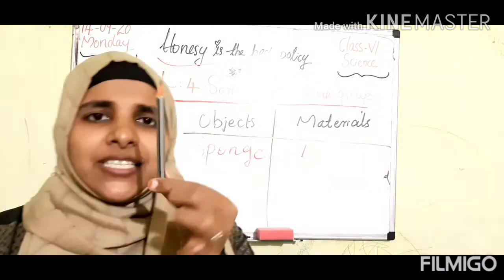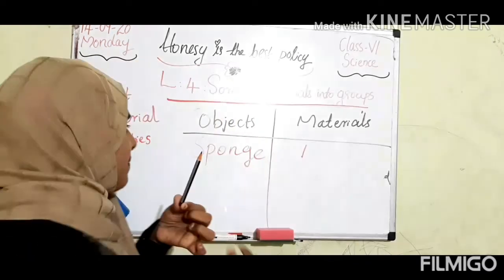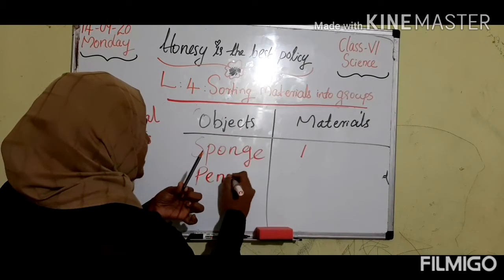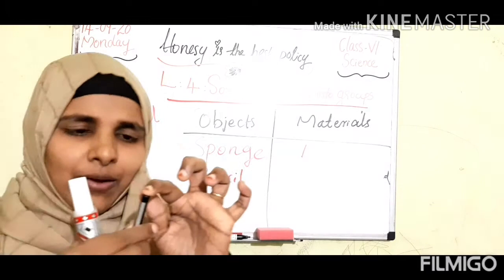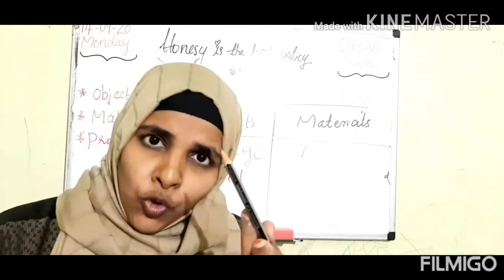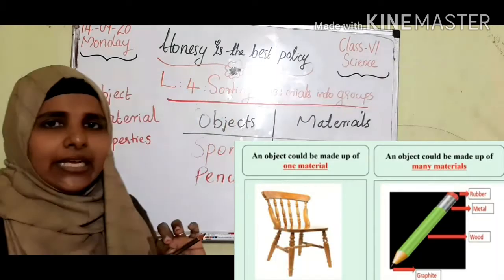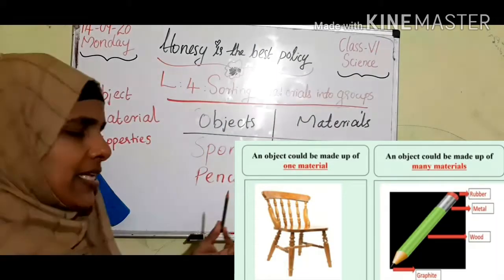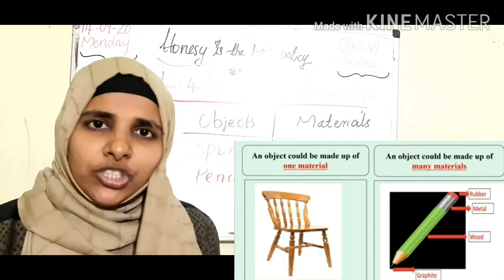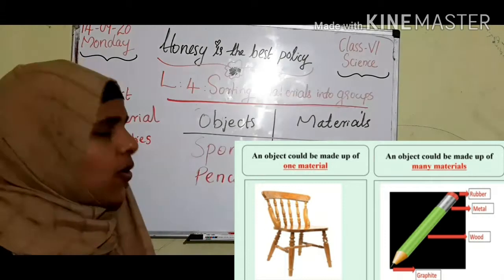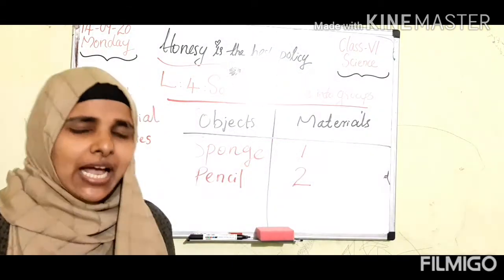This is made from 2 or 3 different types of material, maybe the eraser, wood, graphite. Clear, all of you? And chairs, some chairs are made from steel or from wood, like that. Now I believe all have understood the difference between objects and material.